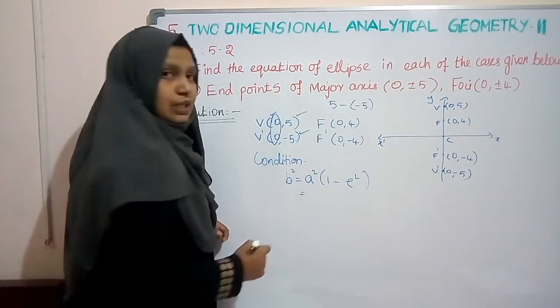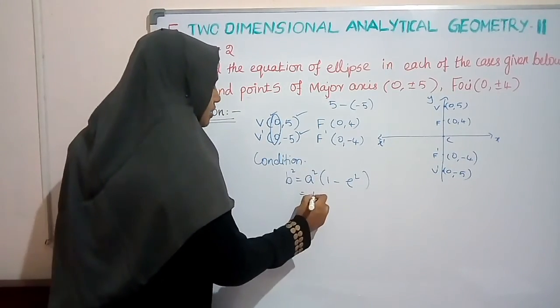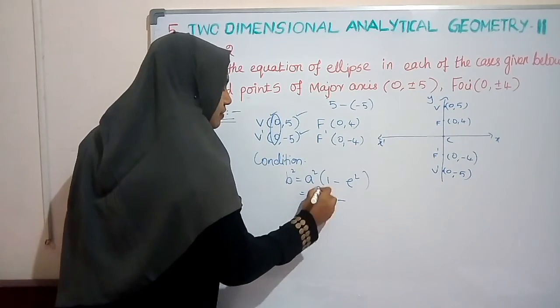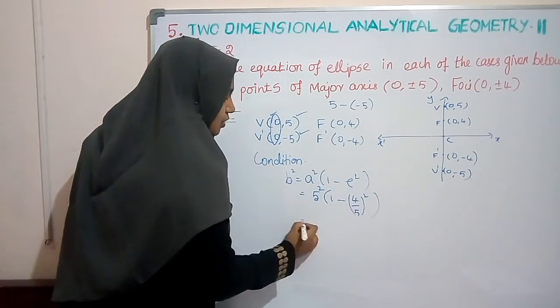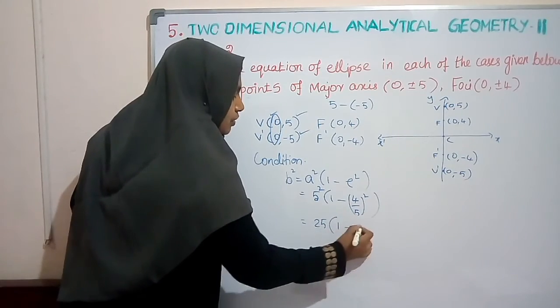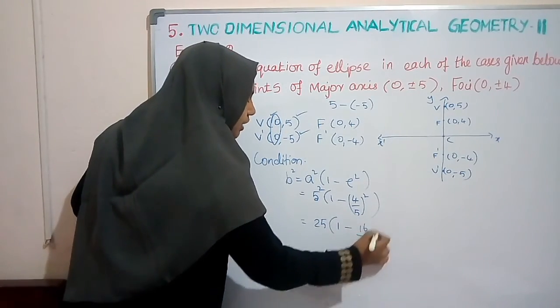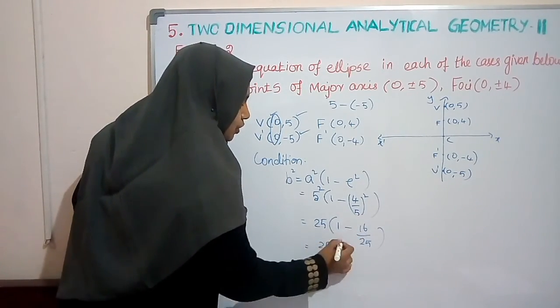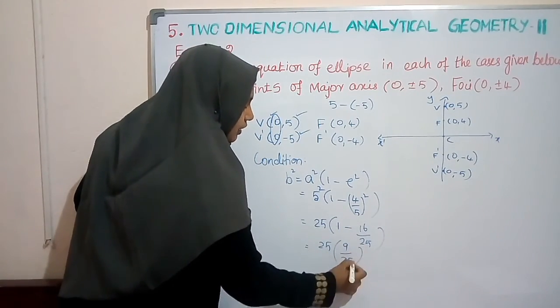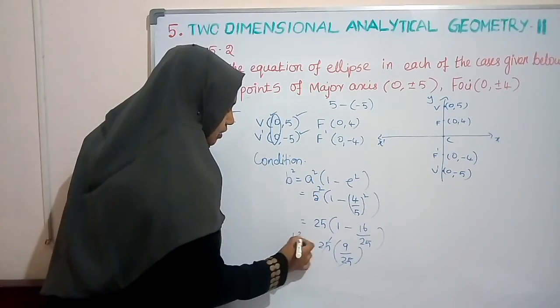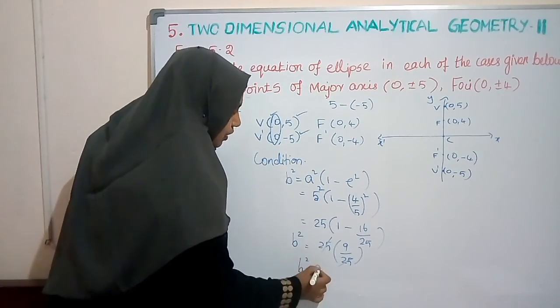On this I am substituting a square value, which is 5 square, into (1 minus (4 by 5) the whole square). So you are getting 25 into (1 minus 16 by 25), and it is equal to 25 into (25 minus 16) gives 9 by 25. So 25 gets cancelled. b square is equal to 9.